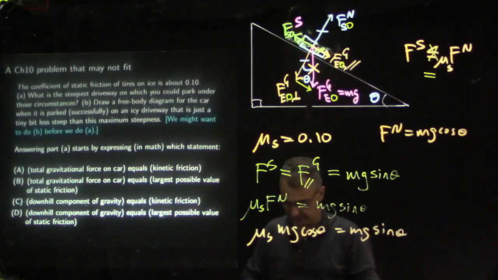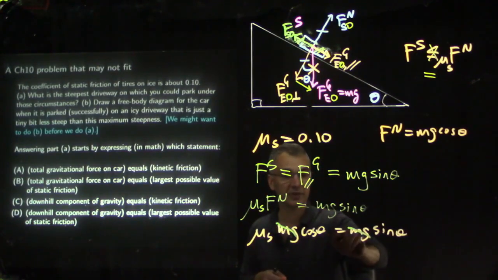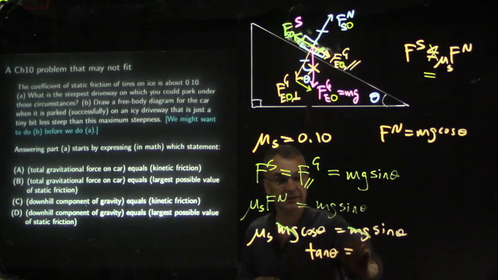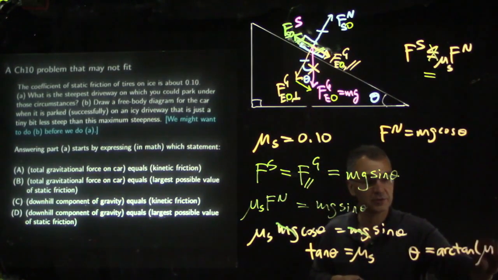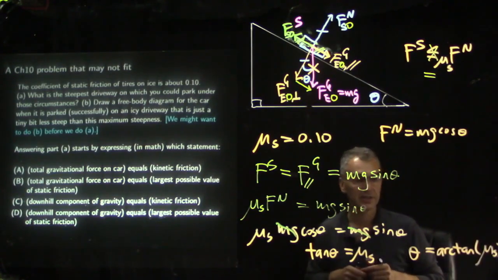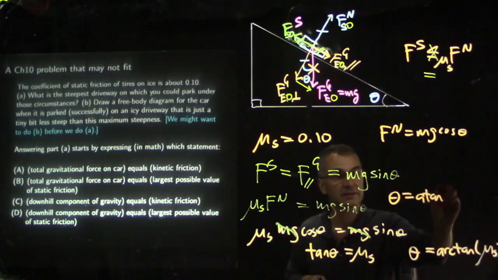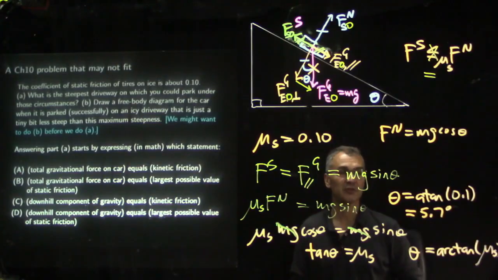Everything cancels except sine theta divided by cosine theta equals mu static. So that's tan theta equals mu static, so theta is arctan of mu static. Make sure you get degrees versus radians correct. Theta is arctan of 0.1, which is something like 6 degrees. 5.7 degrees if I do it carefully, because a radian is about 57 degrees.